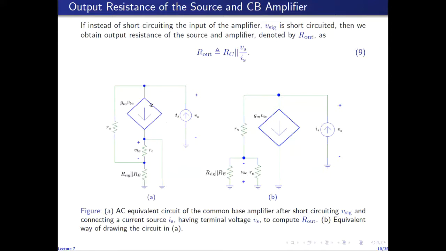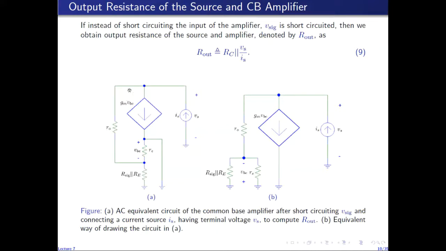So what I've done here is that, since this end of the source is connected to ground, I have shown this source connected to collector and ground separately. So this node is connected to collector, this node is connected to ground. And then I have shown this end of the resistor RE connected to ground separately. So basically this is the same node.